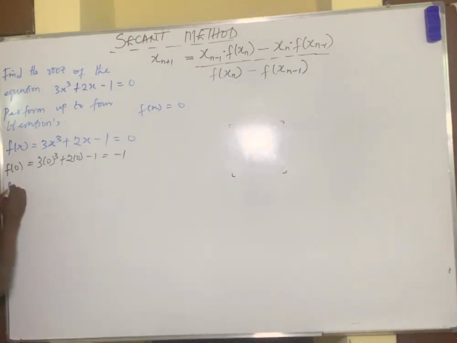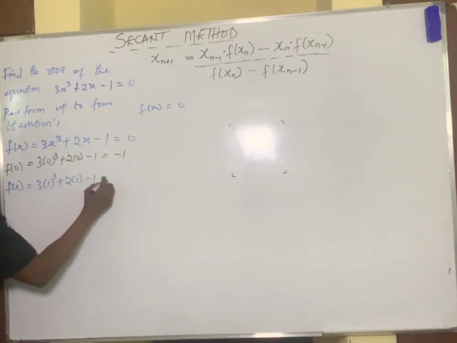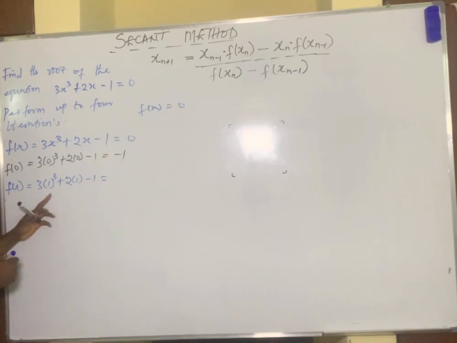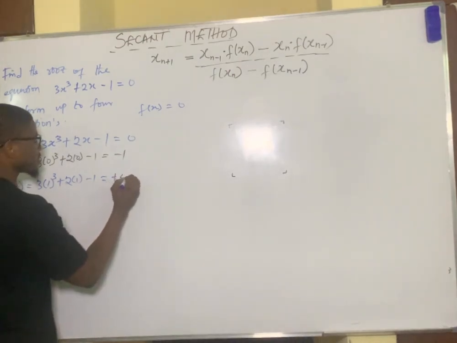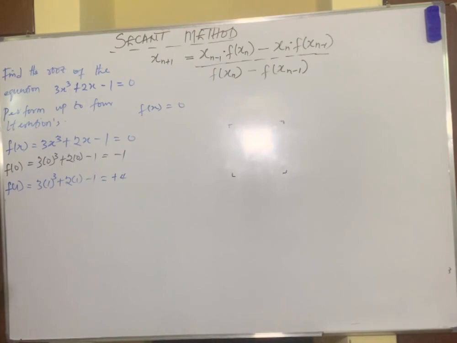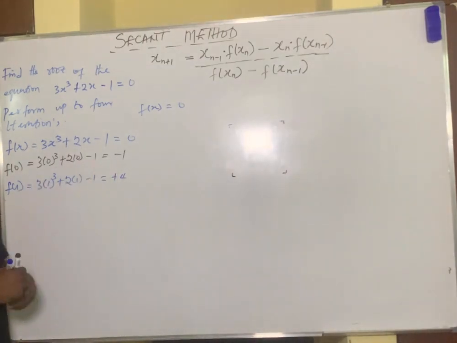This is equal to 3 into 1 to the power of 3 plus 2 into 1 minus 1. So 3 times 1 is 3, plus 2 is 5, minus 1 is 4. So you actually have a positive value here, plus 4. So now our equation changes from negative directly into positive. That simply means the root of this equation lies between 0 and 1.